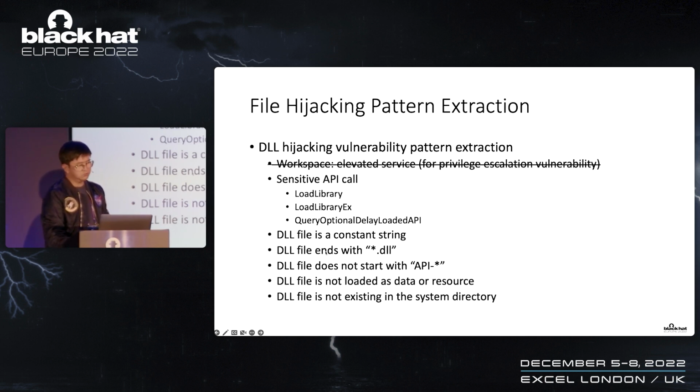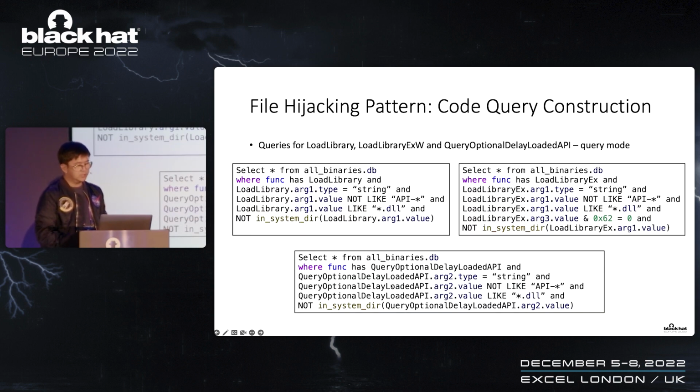And we also want to make sure the DLL file is a constant string, does not end with .dll, does not start with api-, is not loaded as data or resource, and most importantly, does not exist in a system directory. With that, we can create code queries for those three sensitive APIs.